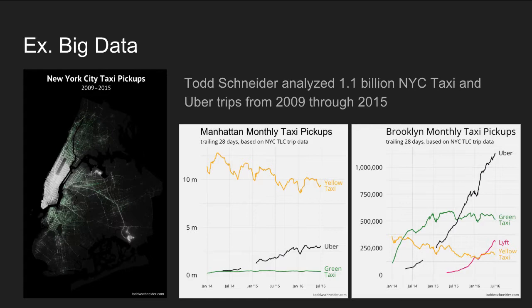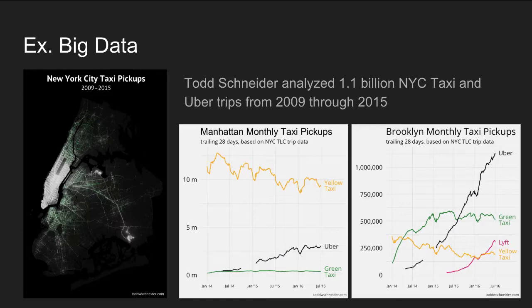What was really interesting is that in New York City, one of the changes over the past 10 years was the rise of Uber and the displacing of traditional taxi rides with Uber rides. Schneider documented the rise of Uber over the past 3 or 4 years and the decline of taxi rides.